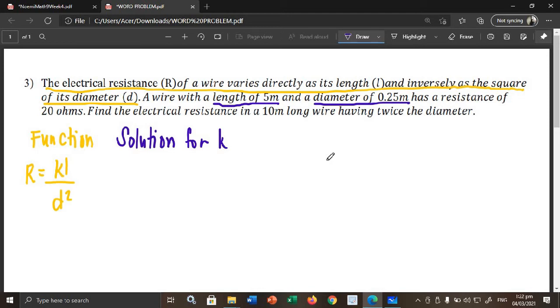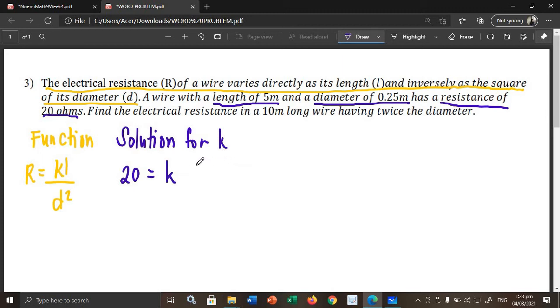And we need to also use the first value of the resistance, which is 20 ohms, so that we can compute the value of K. So, using the function R is equal to KL over D squared, let us substitute all the underlined values of L, D, and R. So, our R, according to the given, is 20 equals K, which is what we are looking for.